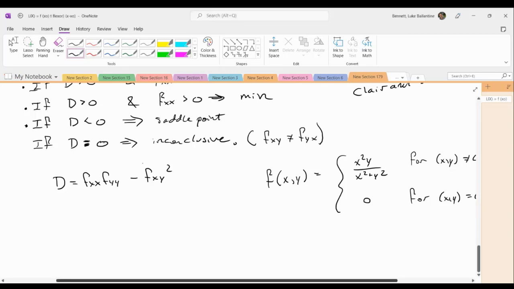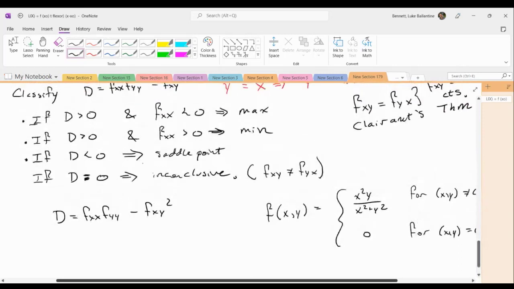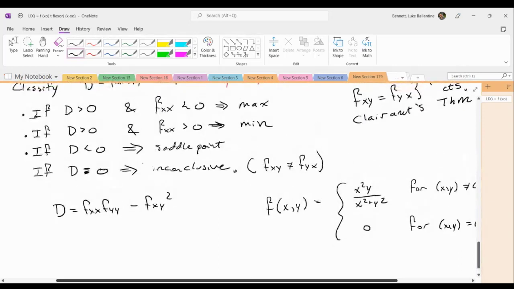Because right now, it's just a set of rules I have to remember, and it kind of doesn't make any sense. But what we know about calculus so far is these analogies we can make back and forth from single variable to multivariable. So we'll work on that.